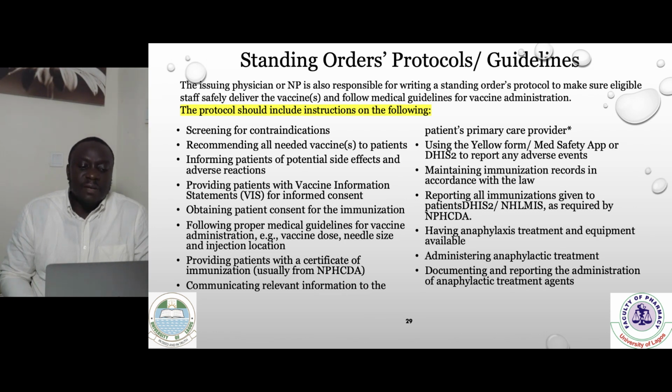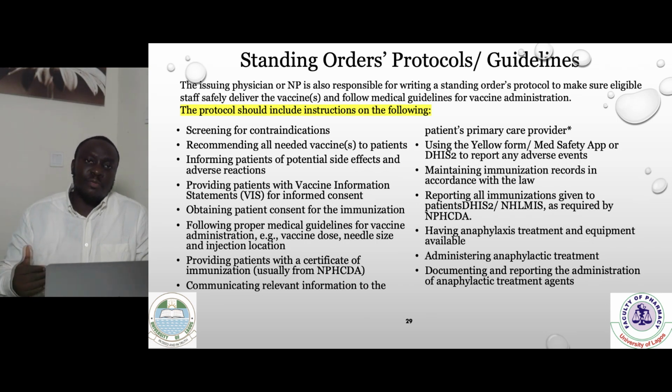recommend all needed vaccines to patients. It will help you identify how to inform patients of potential adverse events and adverse reactions. It will help you find the way to communicate information about potential side effects and adverse reactions to patients. The protocol also helps you go step by step to obtain informed consent from the patient.